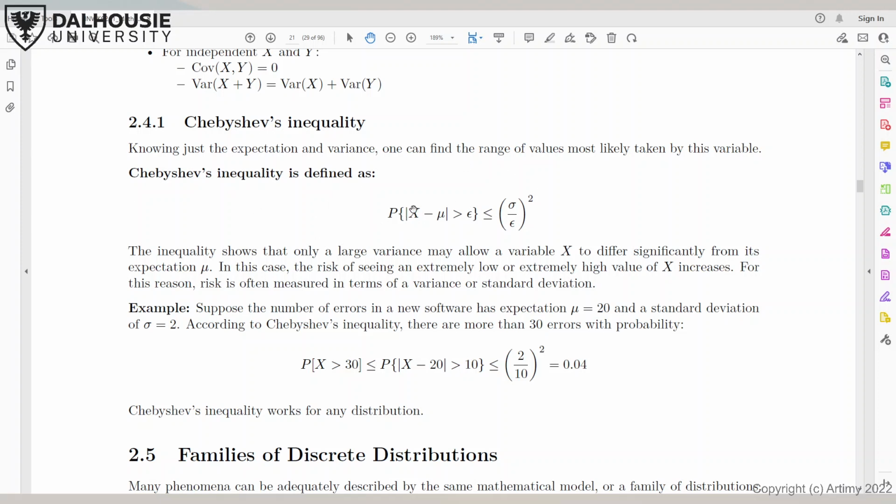So the probability of the magnitude of x minus mu greater than epsilon is less than or equal to sigma divided by epsilon squared. It seems a little bit scary, but actually it's not. Epsilon is any constant, mu we know is the average, and sigma is the standard deviation.